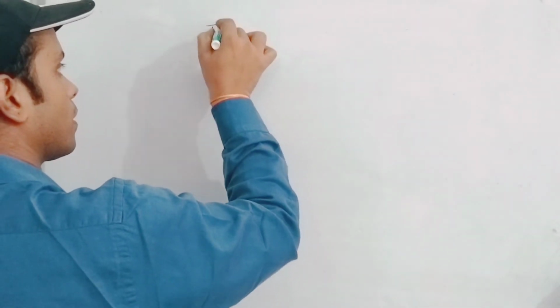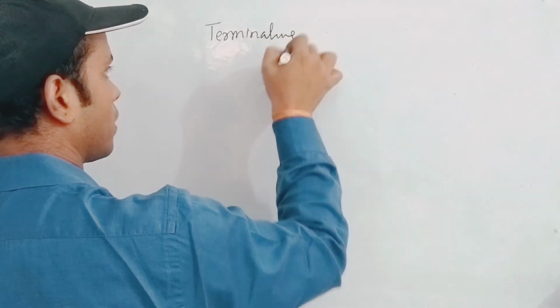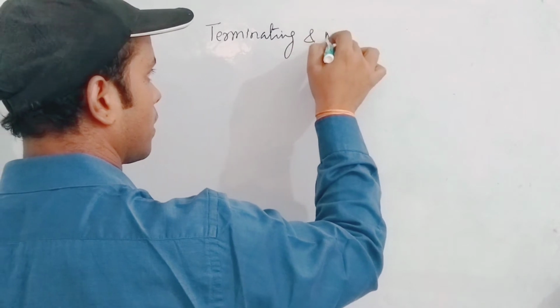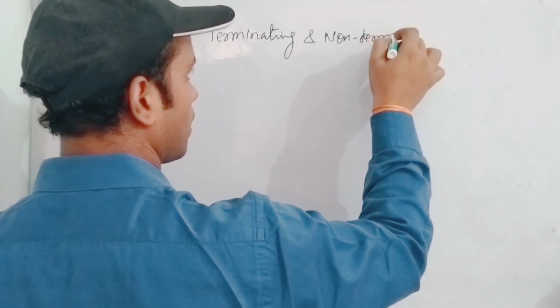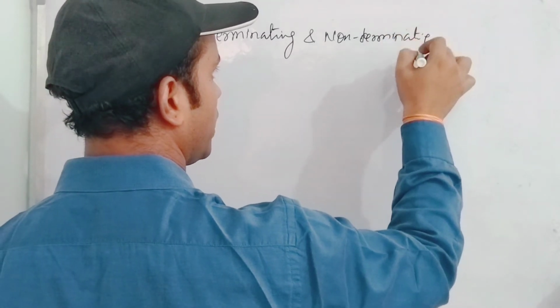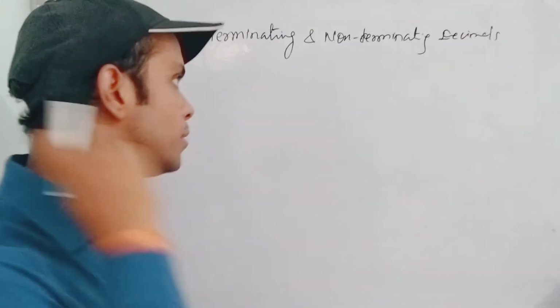Terminating and non-terminating decimals. What are terminating decimals and non-terminating decimals?